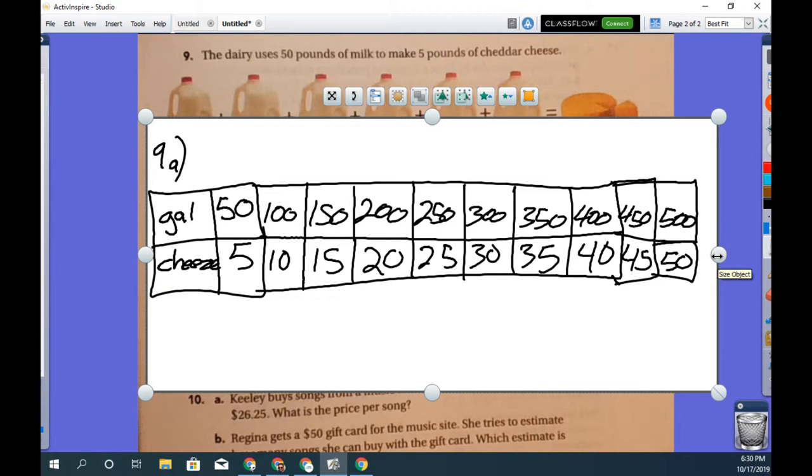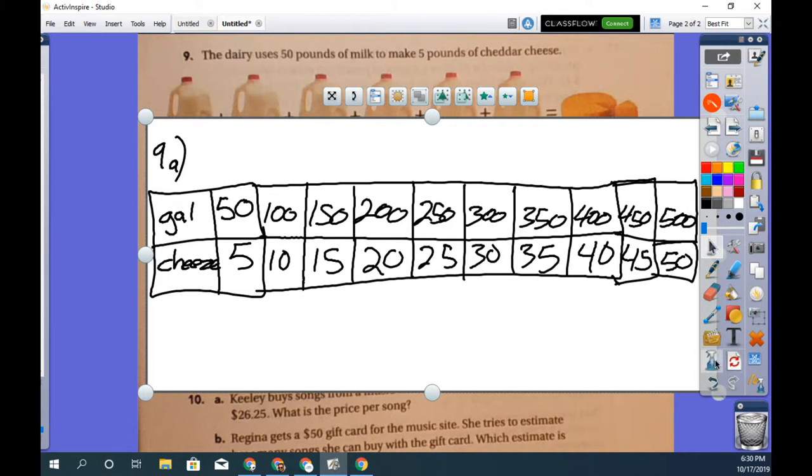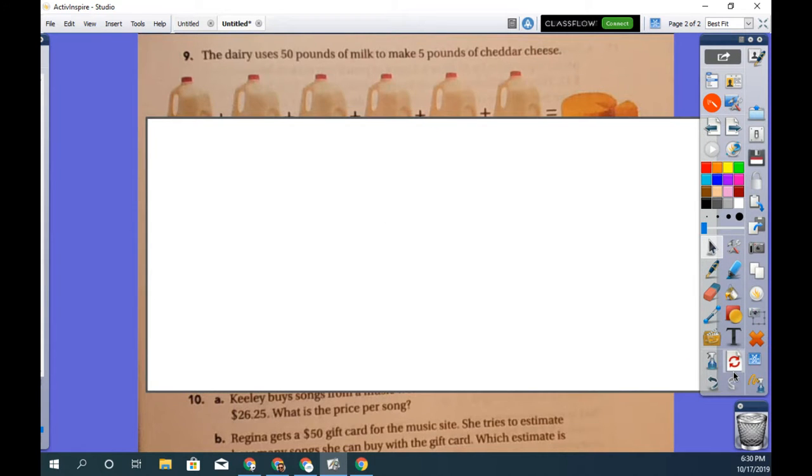I had students skip B because B is graphing and we haven't gotten to graphing quite yet. C, we're going to write an equation relating pounds of milk, M, to pounds of cheddar cheese, C. So we're going to relate M to C. Clear annotations.